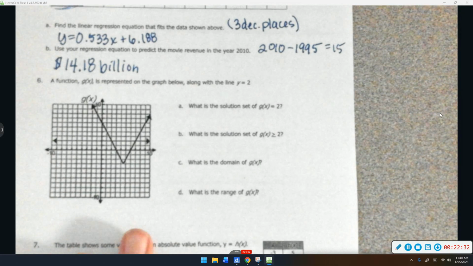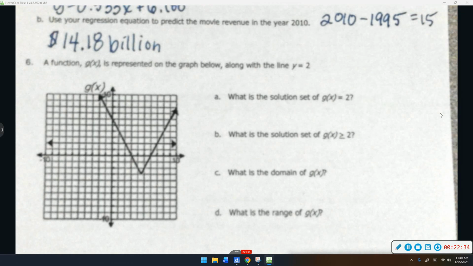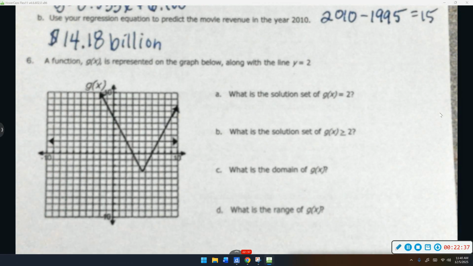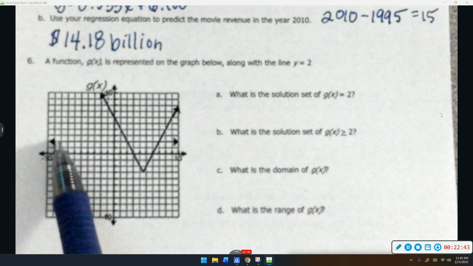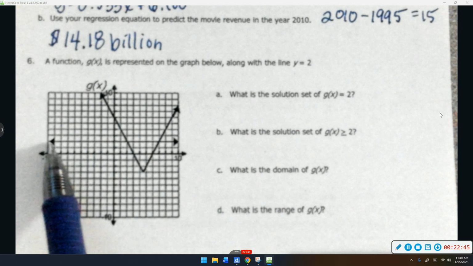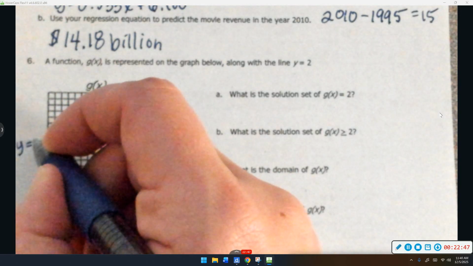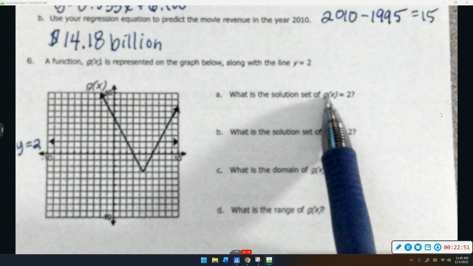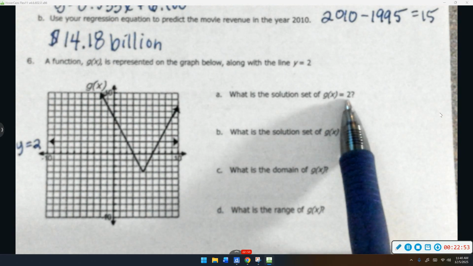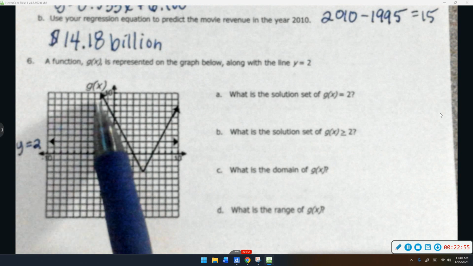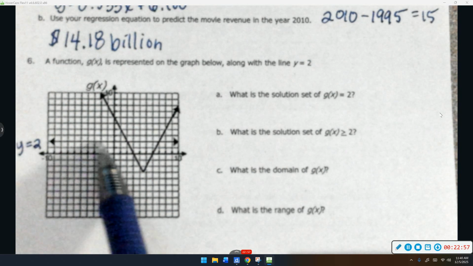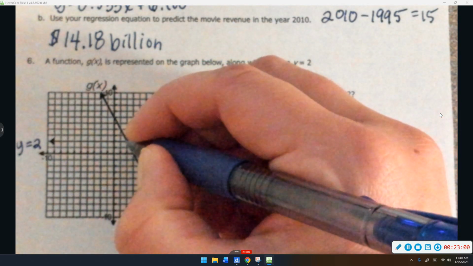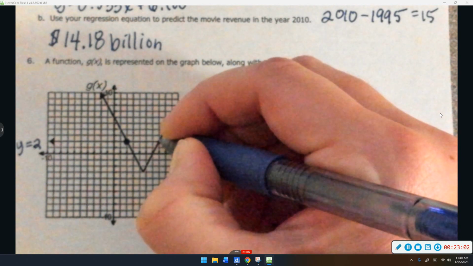All right, let's look at number 6. Number 6 says a function, g of x, is represented on the graph below along with the line y equals 2. So that's what this is. This is the line, I'm going to label it y equals 2. What is the solution set of g of x equals 2? So basically, I'm looking where does the function g of x intersect my line y equals 2. So it's right here and right here.